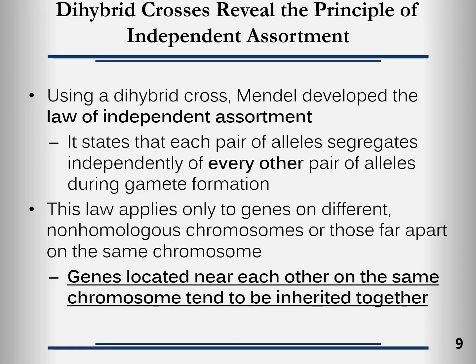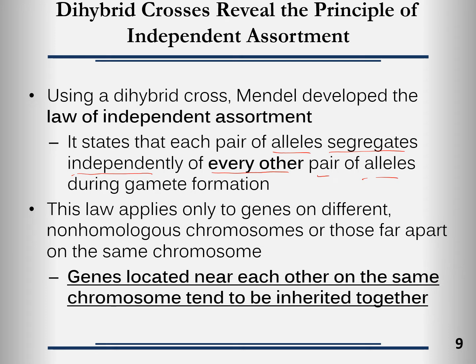So the law of independent assortment originally stated that each pair of alleles segregates independently of every other pair of alleles. That's the way that Mendel saw it. Now, in reality, this is not correct.